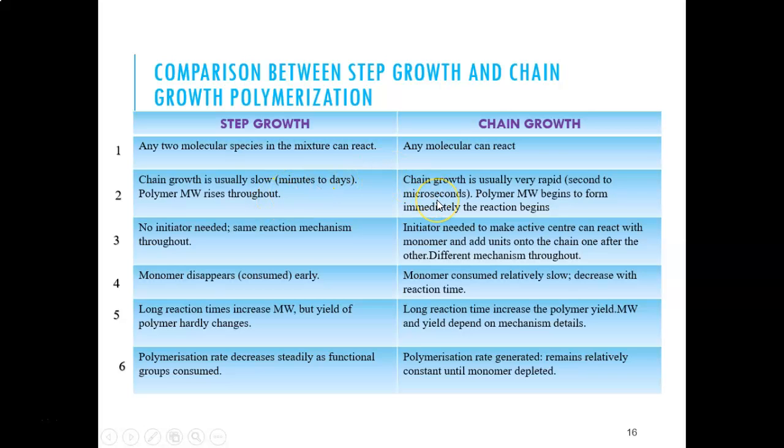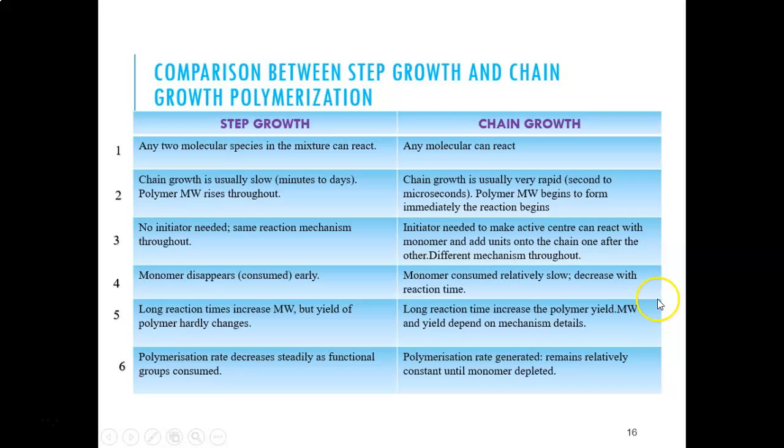For chain growth, it is usually very rapid. Polymer molecular weight begins to form immediately when the reaction begins. In step growth, no initiator is needed. In chain growth, an initiator is needed to make an active center that can react with the monomer and add units onto the chain one after the other, with a different mechanism throughout.